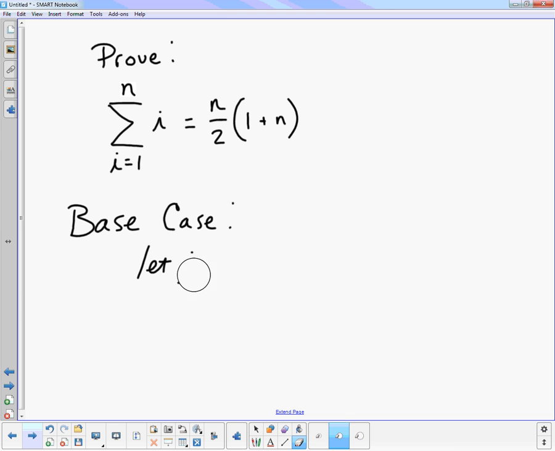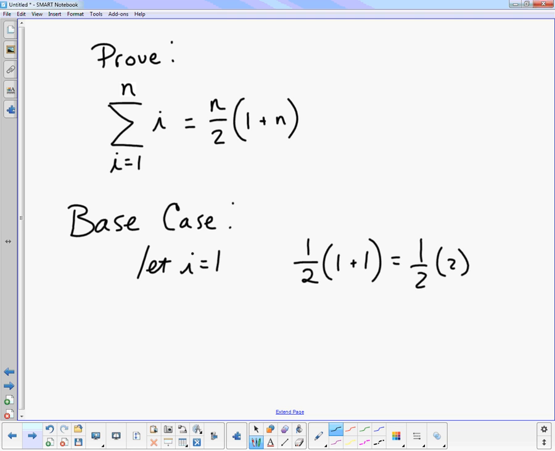We can keep it as i. Then, for 1 plus 1, one half times 2 is 1, and 1 equals 1.